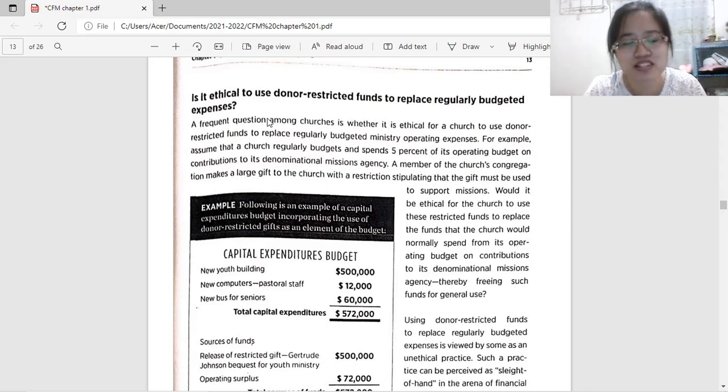We don't know if it's going to come or not, so let's not put it in the regular budget. If it comes, then that's good, and let's use it for the purpose. If it's donor restricted, whatever the donor said about where to use it, let's use it for that.